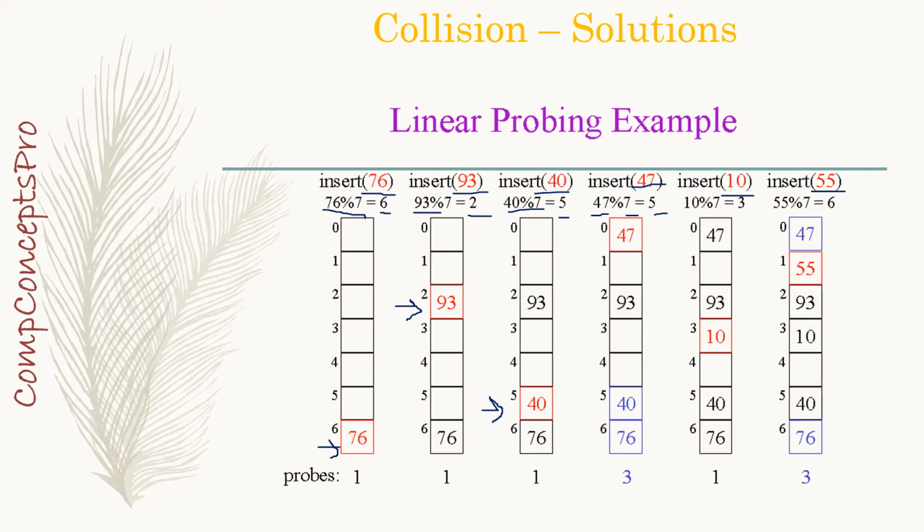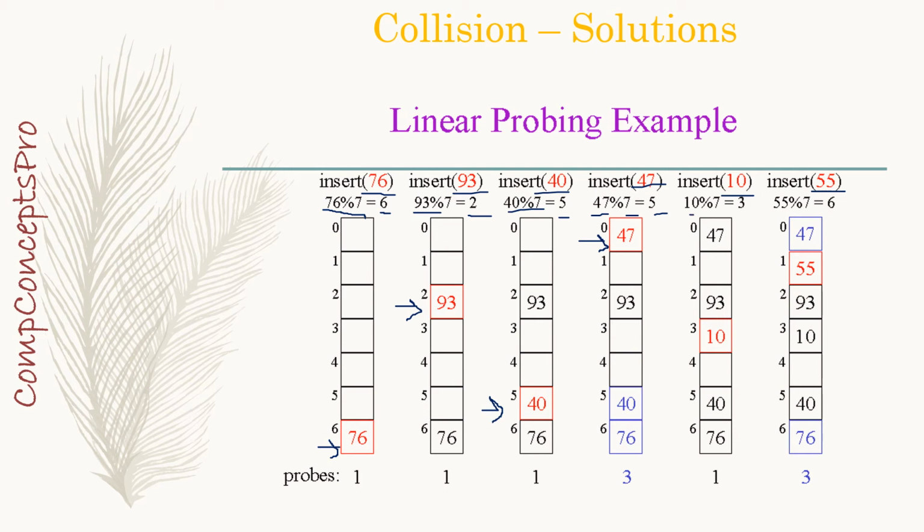But the next index position, which is 6, is also occupied by some other key. So we have to start searching for the available empty slot from the starting of the hash table again. So the index position 0 is empty, so we can store our key 47 at index position 0.